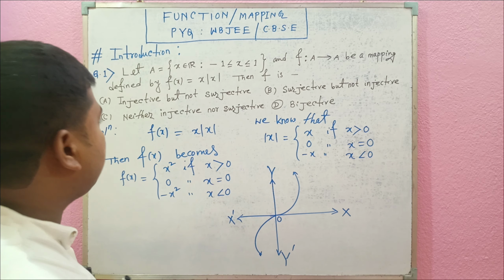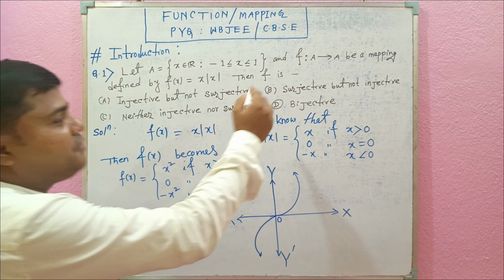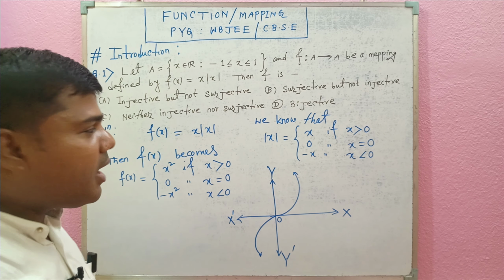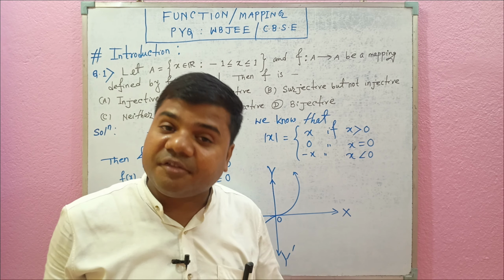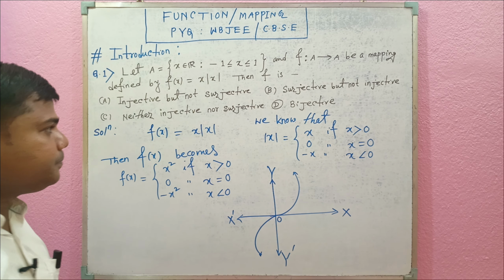Then choose the correct option. F is injective but not surjective, surjective but not injective, neither injective nor surjective, and injective as well as surjective, that is bijective.